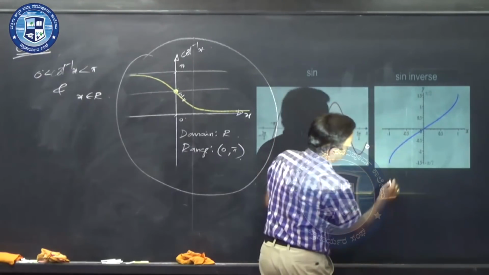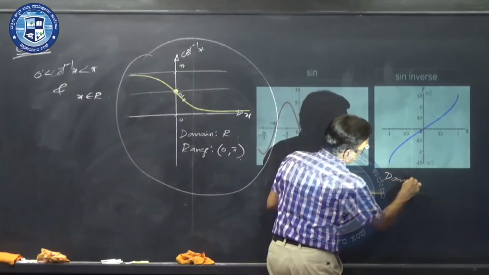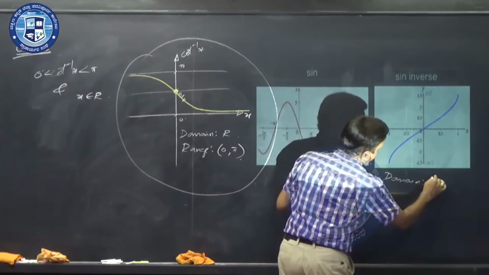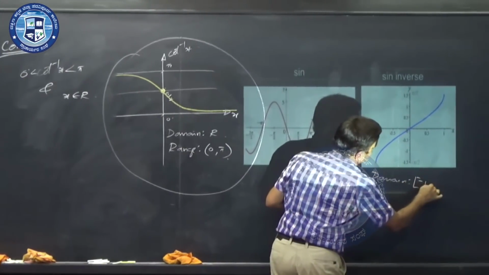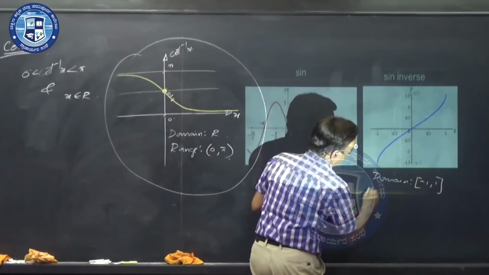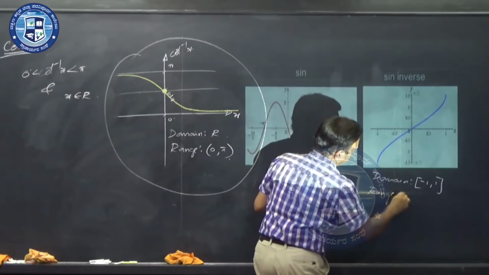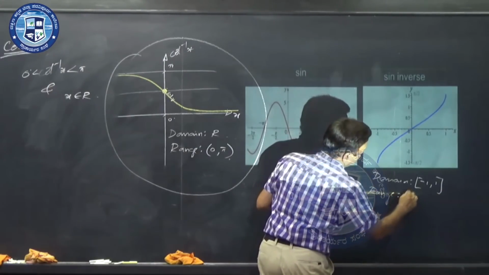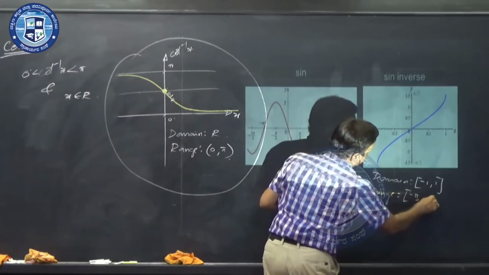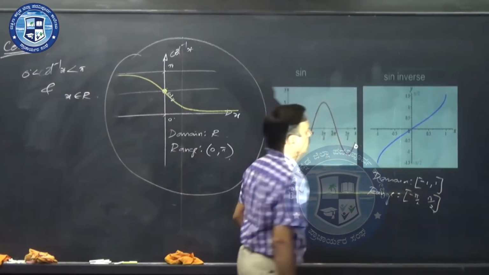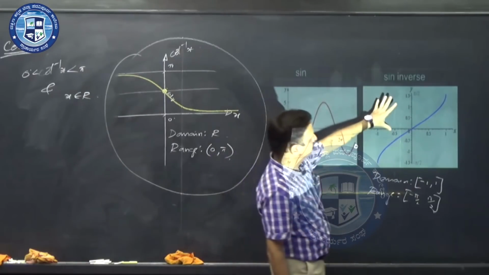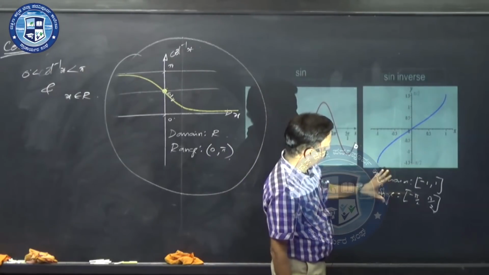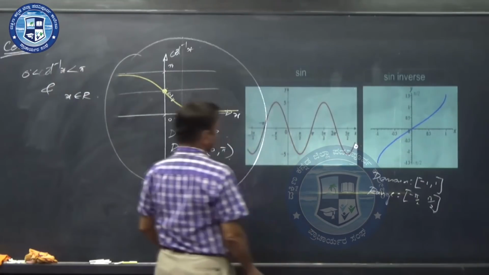The domain for this is any value between minus 1 and plus 1, and the range is between minus pi by 2 to plus pi by 2, closed interval. This is the graph of sine inverse x versus x, with its domain and range.